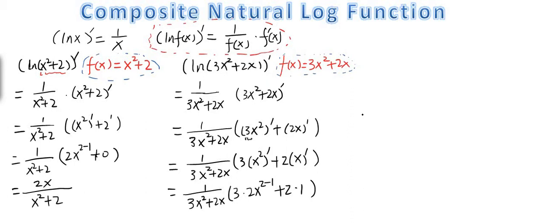And then we can simplify it, and we're gonna get the numerator 3 times 2, 6, times x is 6x, and 2 times 1 is 2, divided by 3x squared plus 2x.